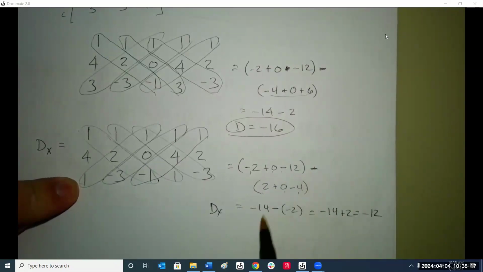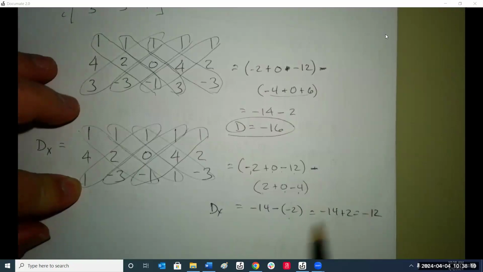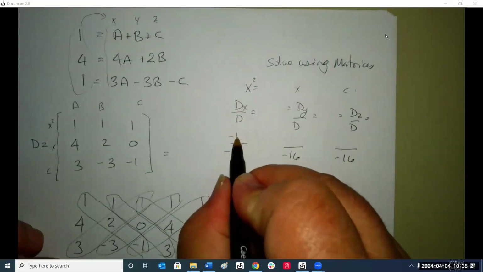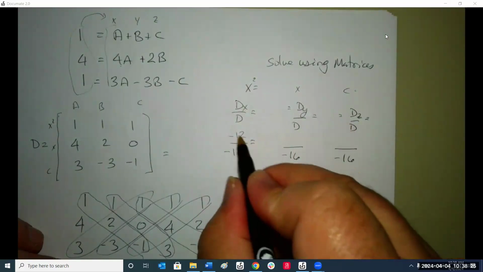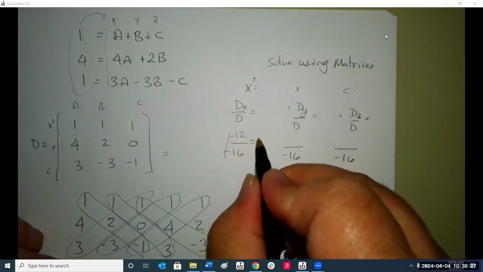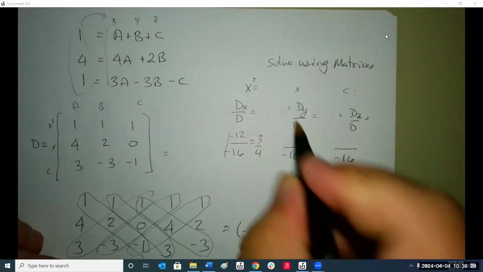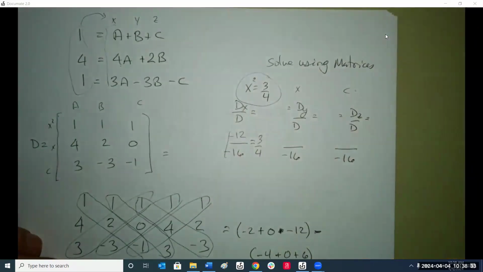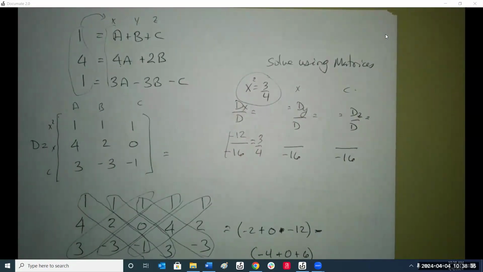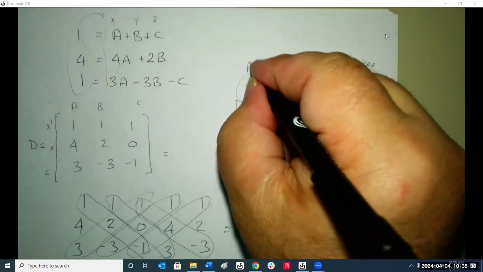This one minus this one, I get -12. So that's dx, -12. Four goes in both of them, so it's 3/4. So my x, the first one, or this is the a.